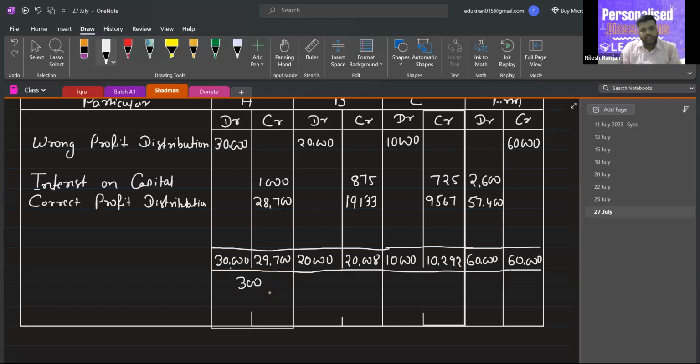And which side is higher, debit or credit? Debit. We will write here debit. And here 8 is the difference and the credit side is higher, so credit, and 292 credit side.